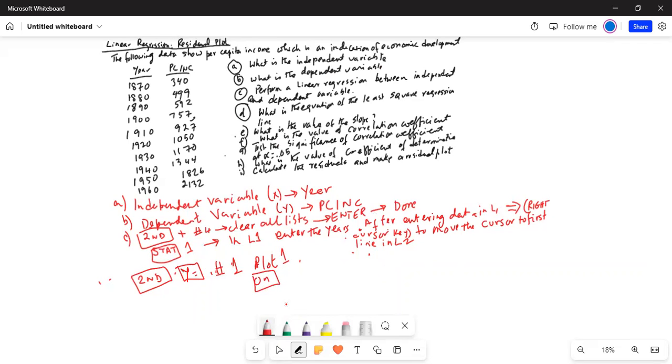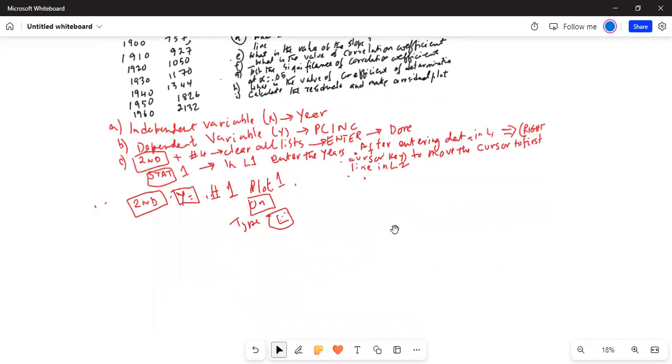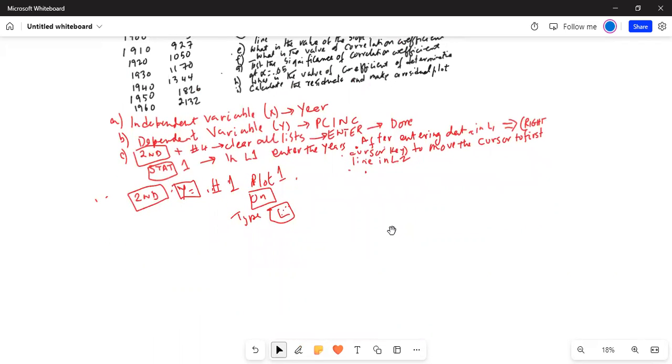Cursor is on and flashing. Type will be the first type of chart, which is basically a scatter plot. My X list is L1. The X list is L1.